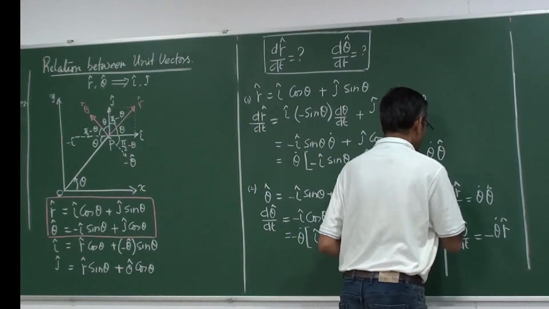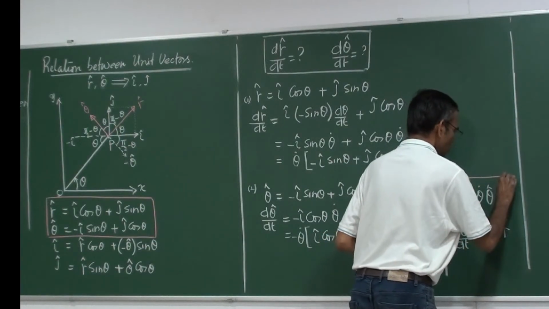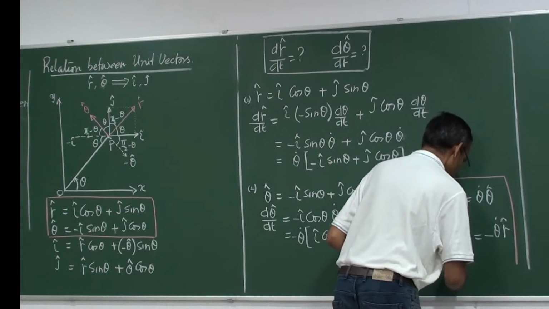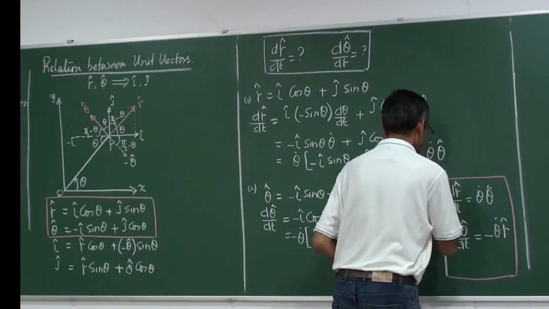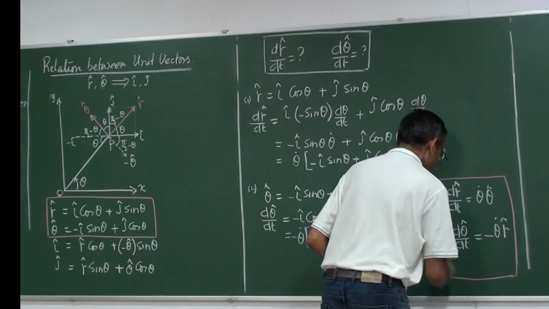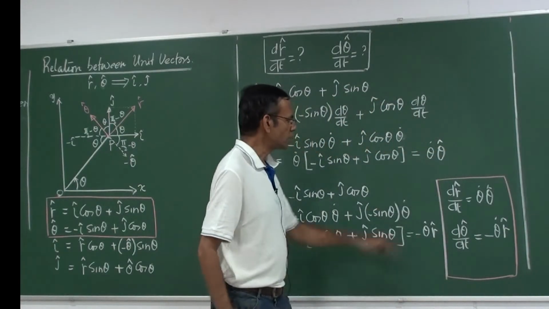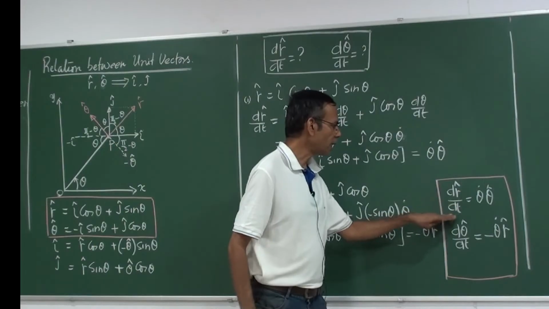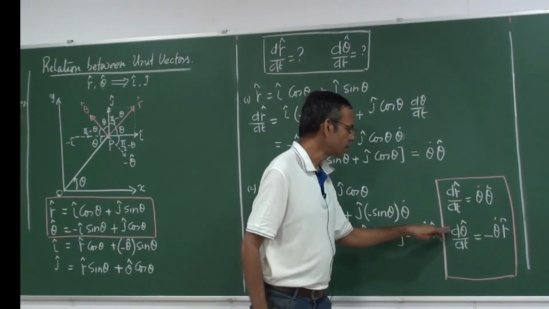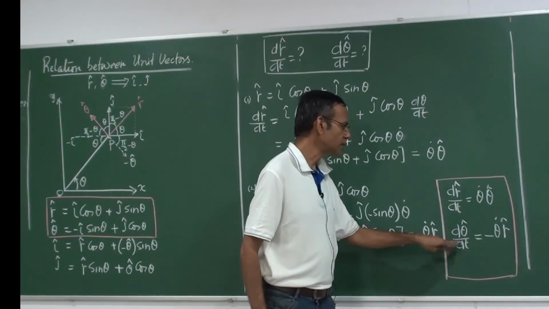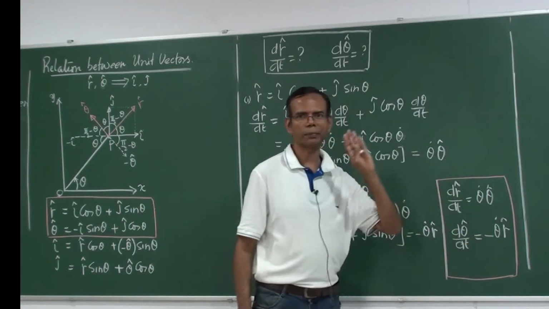So let me make it red because these two relations are very, very important. So these are the two relations. dr cap by dt is theta dot theta cap. d theta cap by dt is minus theta dot r cap.